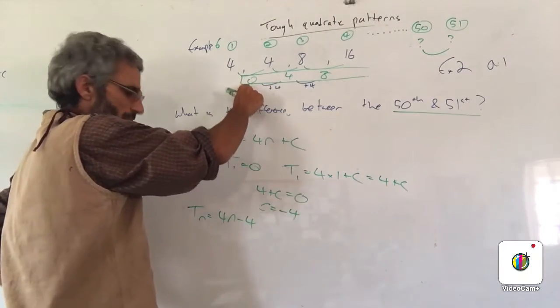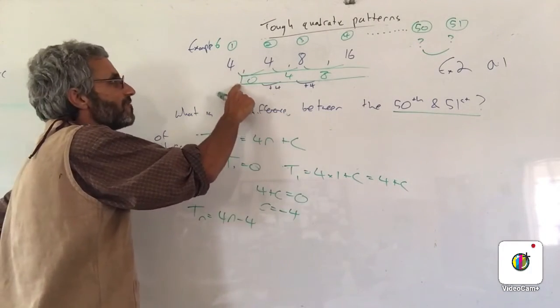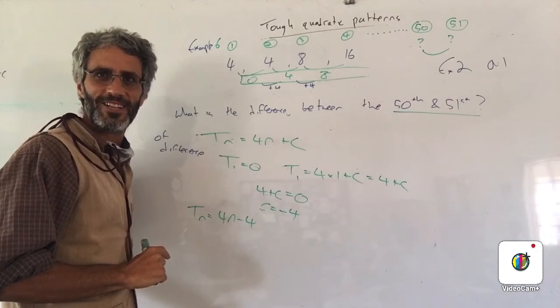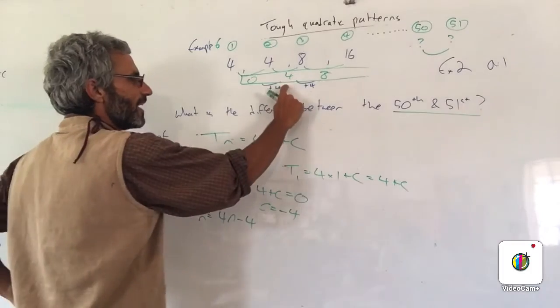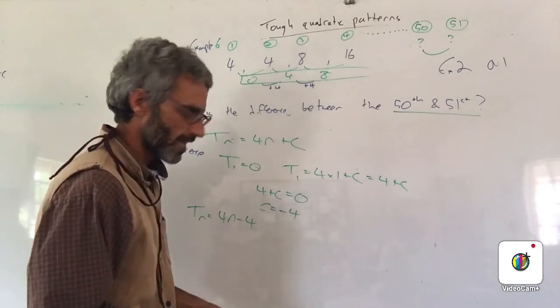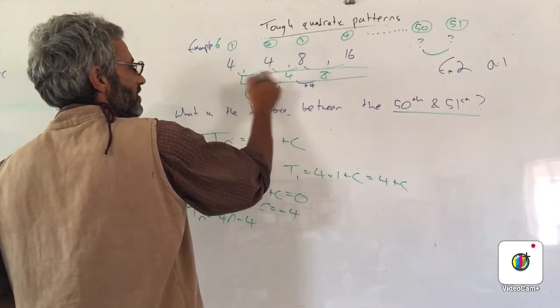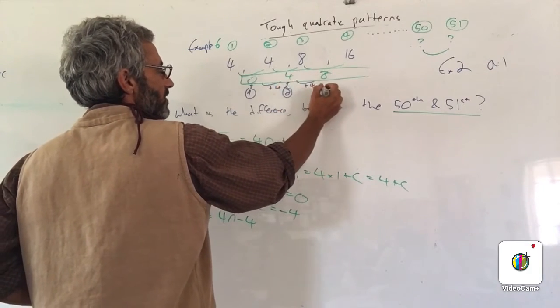The first term of this series is the difference between the first and the second terms of the pattern. So that's number 1 in this pattern, this is number 2, this is number 3.